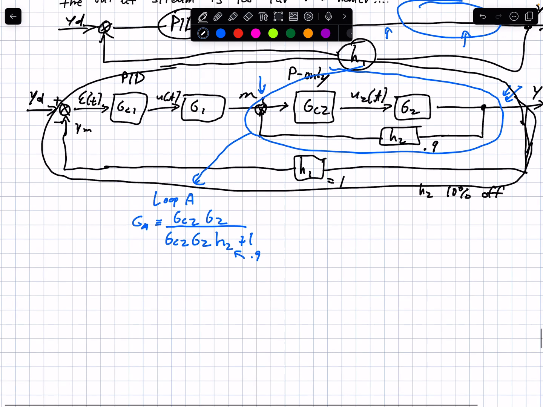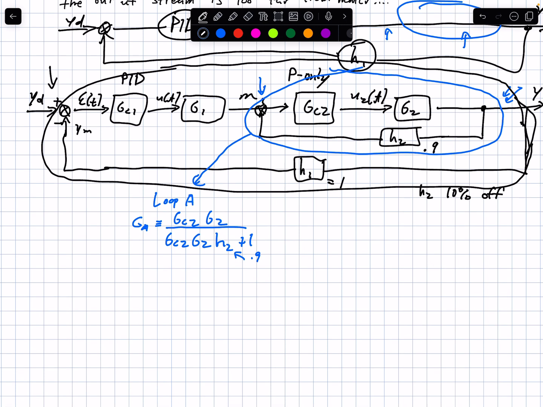All right. And so that function is going to be y equals yd, because you're starting here and then it's multiplied by this whole loop. First it's going to go through GC1 and then G1. And then it's going to go through GA, which is everything in that blue loop, so we'll just keep that as GA.